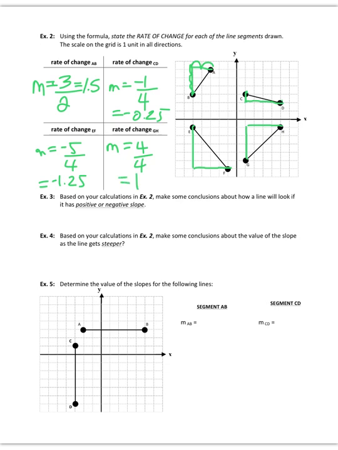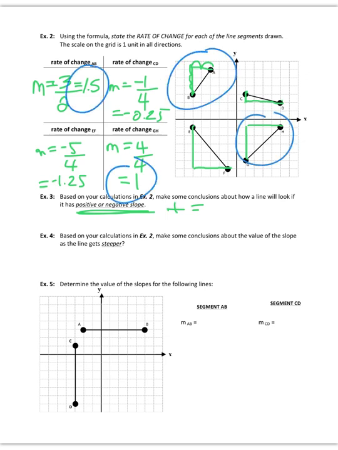So we're going to take a look at our calculations and make some conclusions about what a slope looks like if it's negative or positive. So a positive slope, the ones that were positive were these guys here. We had this one and this one. So these guys were going positive.